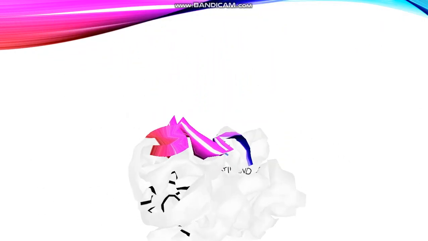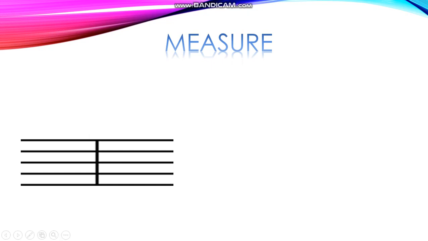Now, moving forward, we're going to talk about the measure. This is a measure right here. You see these 5 lines and 4 spaces. The measure is the space between 2 bar lines. See, this is a bar line right here. Usually there'll be a bar line on the outside of this.